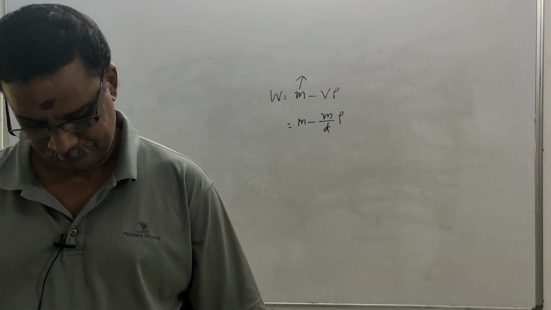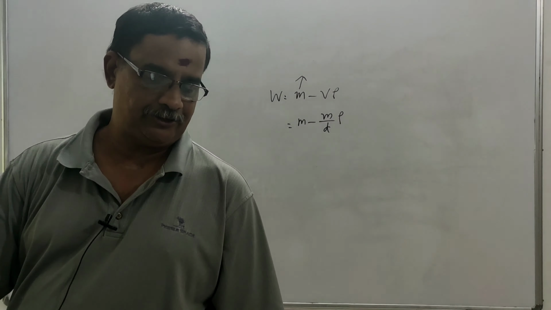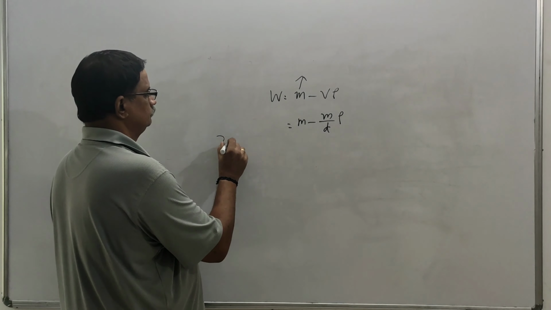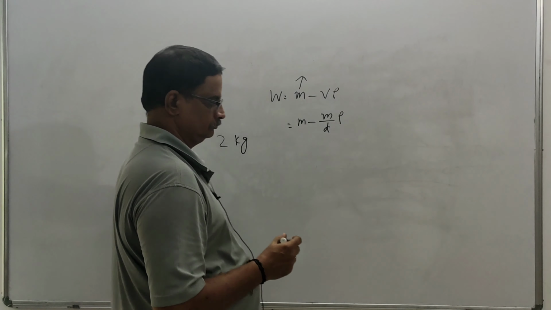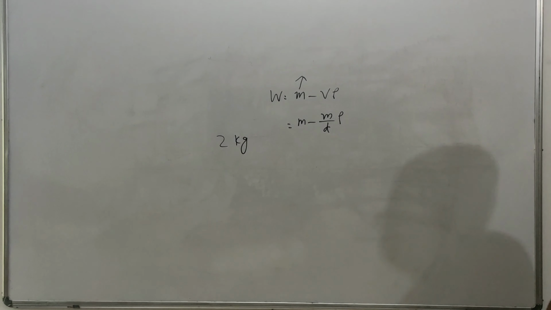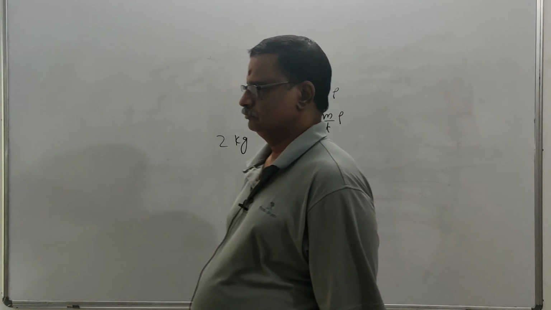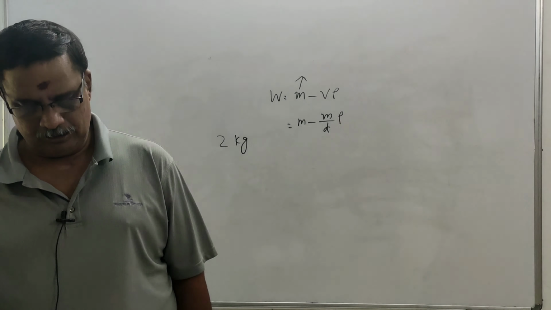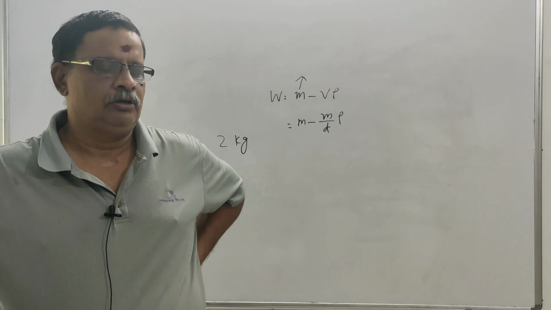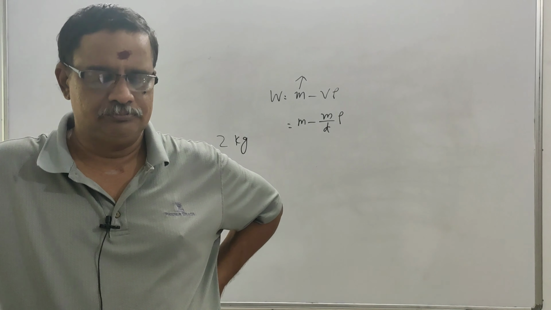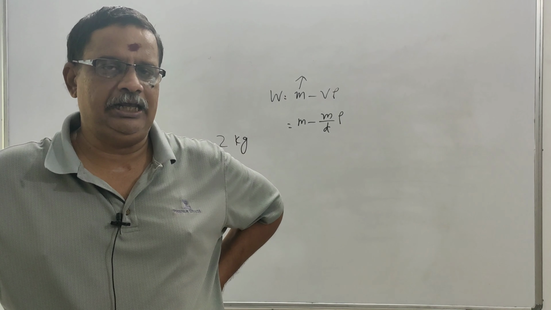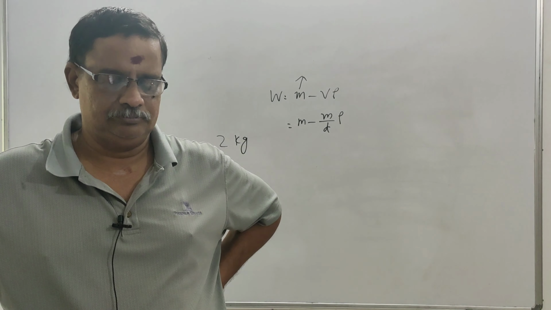A bucket weighs 2 kilogram and is made of a material of specific gravity 8.